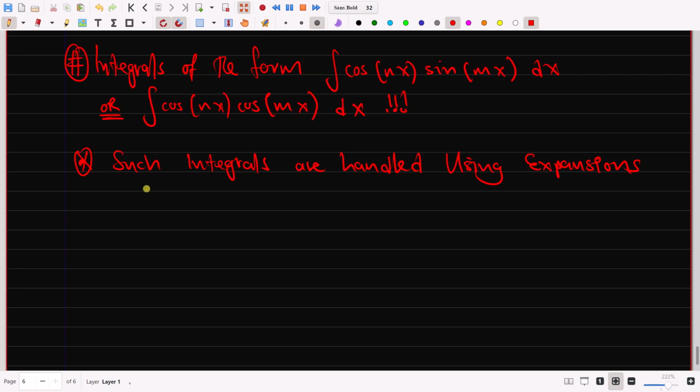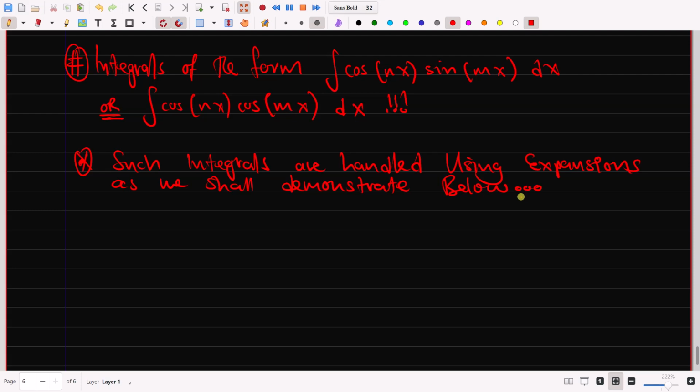A typical problem that you might be given can be something like this. They'll say evaluate the integral of cos 5x sine 3x dx. So you might be given something like that, and then they say evaluate that integral.